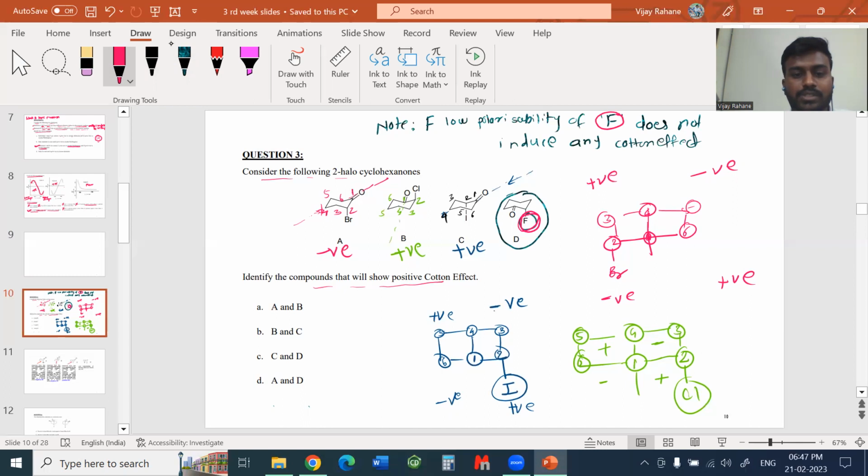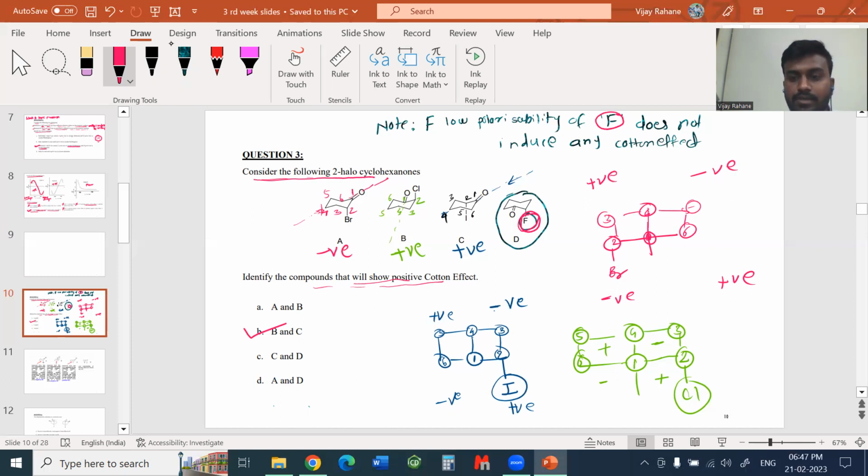Right. So, which option is correct? The question is: consider the following halocyclohexanes and identify the compounds that will show a positive Cotton effect. So this is B and C. Here they have given B and C. Right. So this option is the correct option. B and C show the positive Cotton effect. A shows a negative Cotton effect.